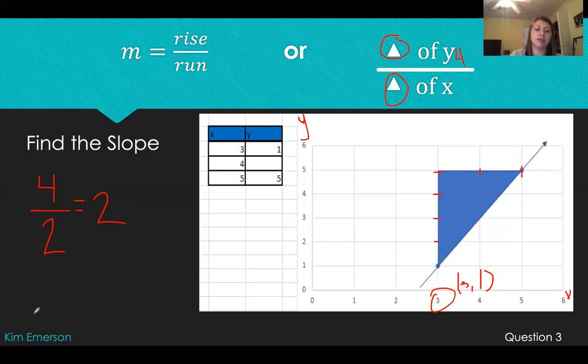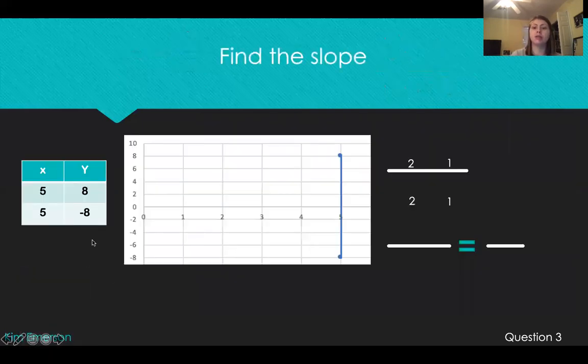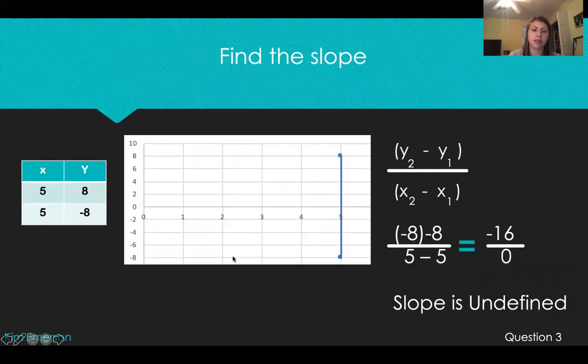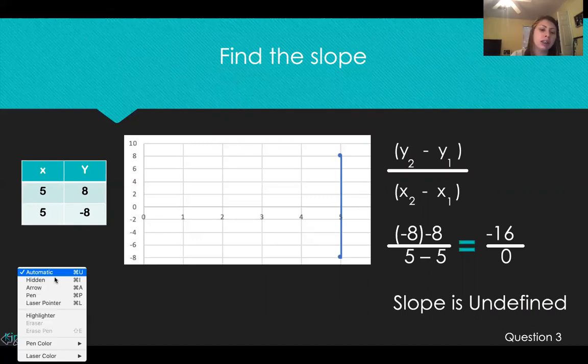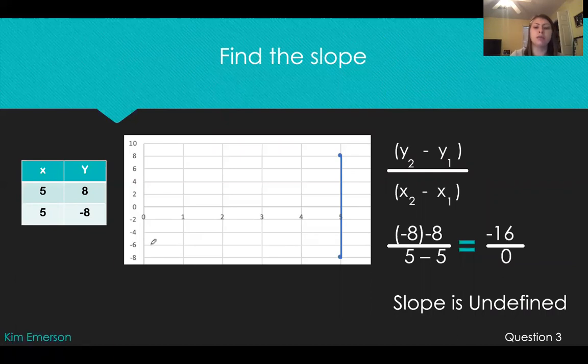Again, it doesn't seem very difficult, but it can be frustrating sometimes. So we're going to find the slope here. We see that there are multiple ways to find the slope: change of x, change of y, rise over run, which I just think is an easier method, but you can also use slope-intercept form to find your slope. You can do all of it. But looking here, we see that we have our table and our graph.